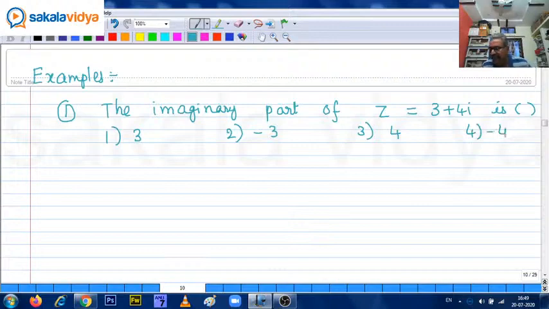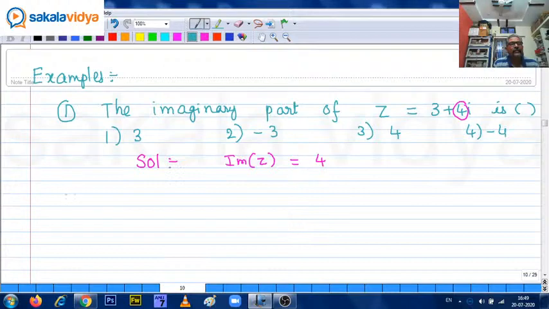So which is the right option? Very good, fourth option, right. Now solution. Imaginary part of z, Im of z, is equal to 4. This only you need to write.